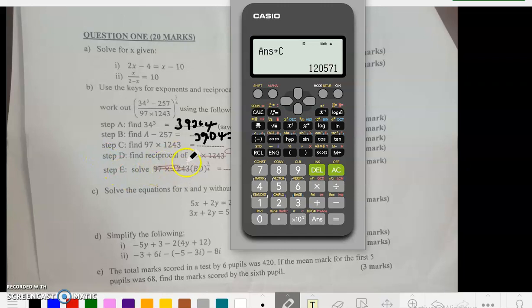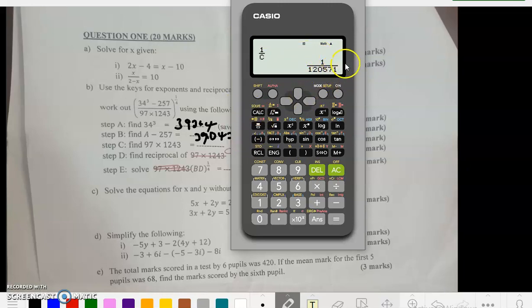Option D says find the reciprocal of C. The reciprocal of C is the inverse of this, so simply press the inverse of that answer, and this is the reciprocal. Another way to do this is to recall C: the reciprocal of C is 1 divided by recall C. This will give you 1 divided by 125.71.